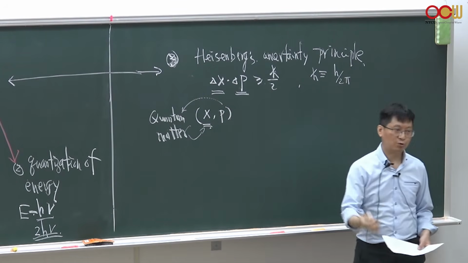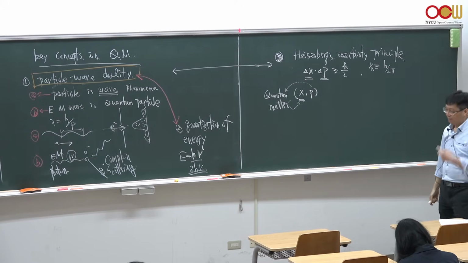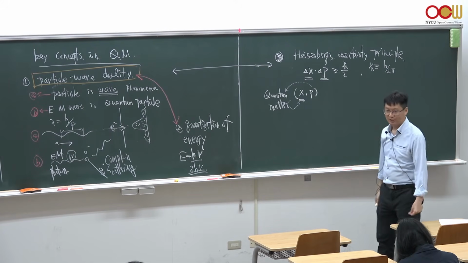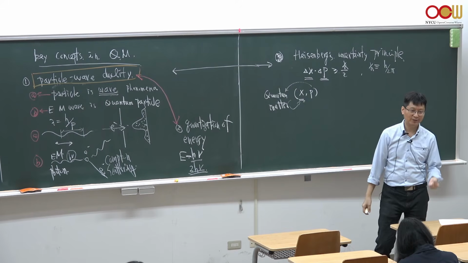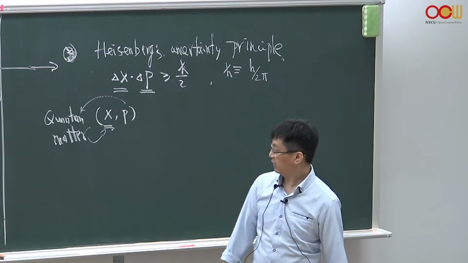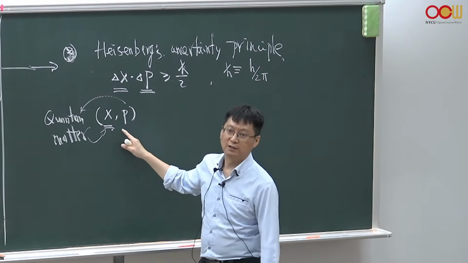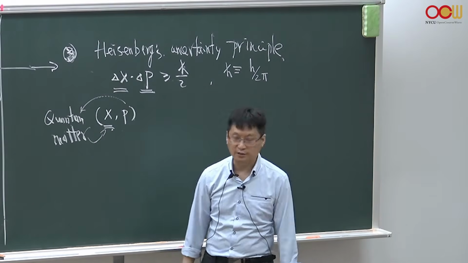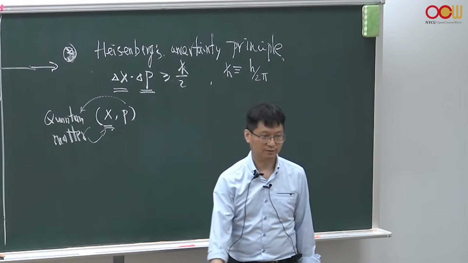In order to really describe your quantum matter, you need to tell me where this particle is and what its momentum is, and you need to tell me both simultaneously, with 100% accuracy.